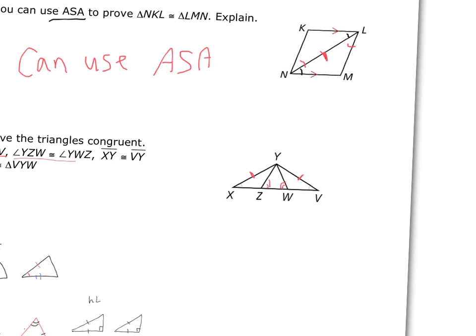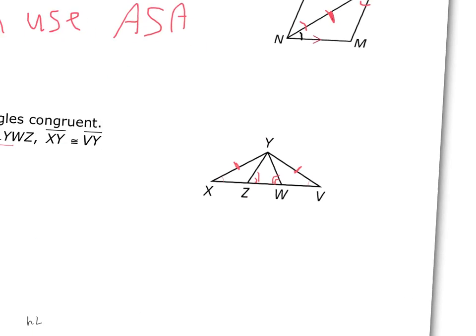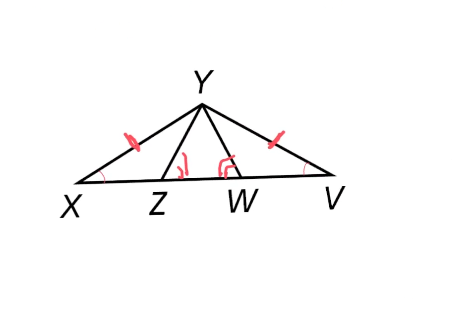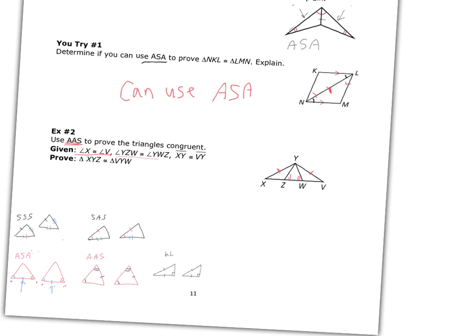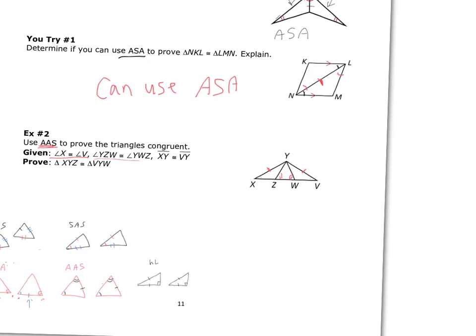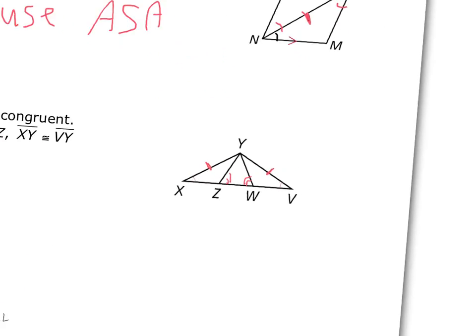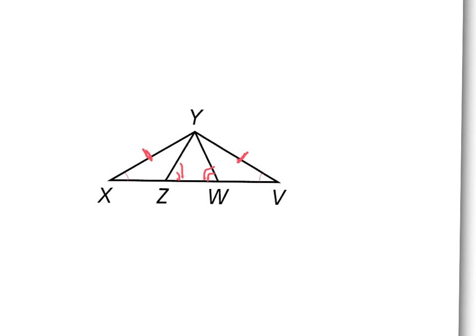Okay, so let's look at these triangles here. Okay, and we want to know if XYZ is congruent to VYW. So basically we want to know if these 2 triangles can be determined congruent based on what we know.